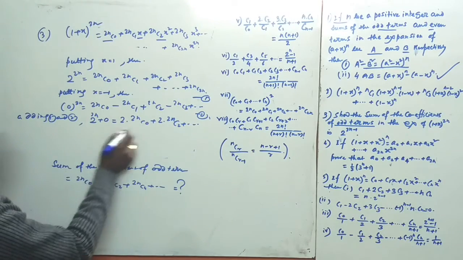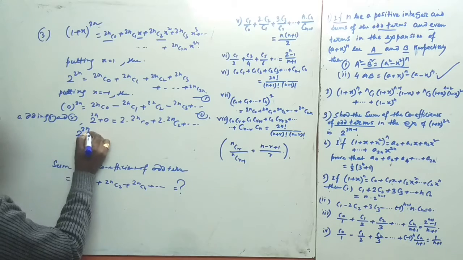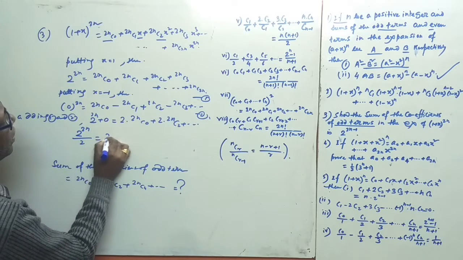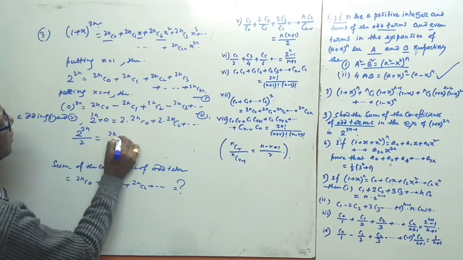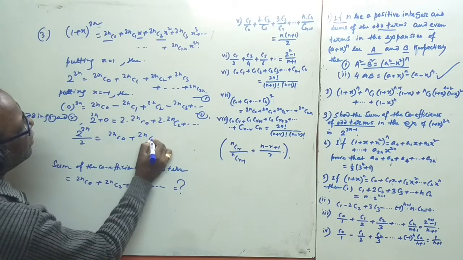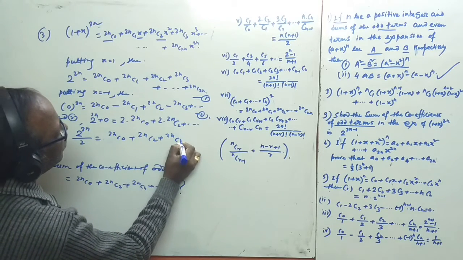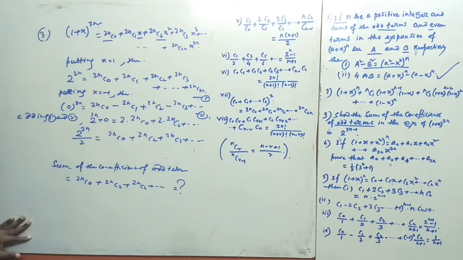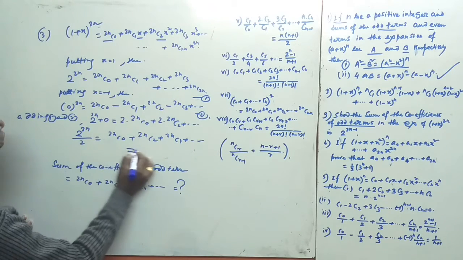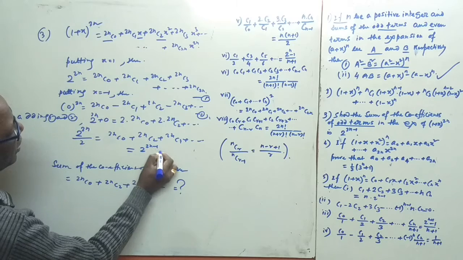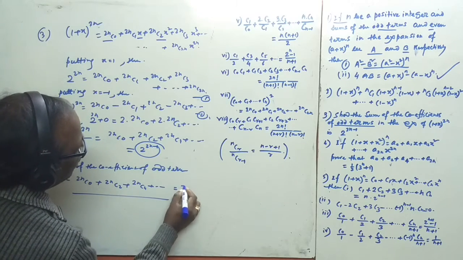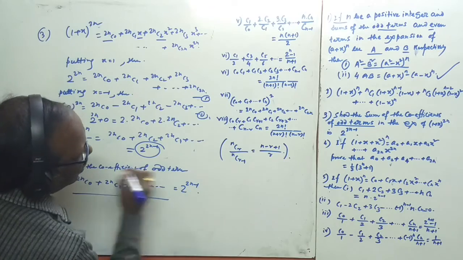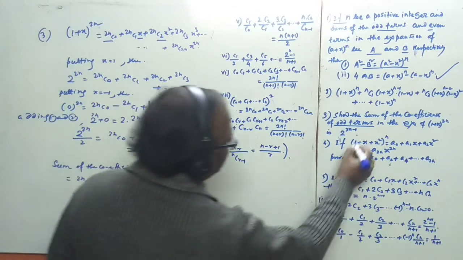Now taking 2 common, that is 2 to the power 2n by 2, so 2nC0, 2nC2, 2nC4 is equal to 2 to the power 2n minus 1. This is your answer, since the sum is 2 to the power 2n minus 1. This is proved.